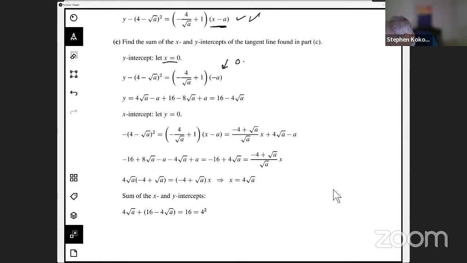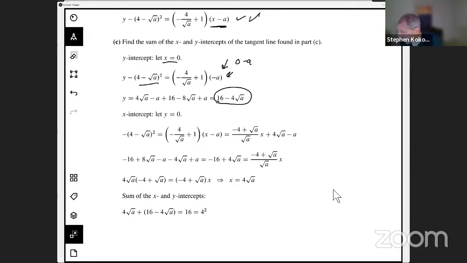That's 0 minus a. And now I'm going to solve this for y. So I expanded things out, brought everything to the right-hand side. There's my expression for y. There's the y-intercept. Doesn't look too bad. I thought it was going to be a lot worse than that.